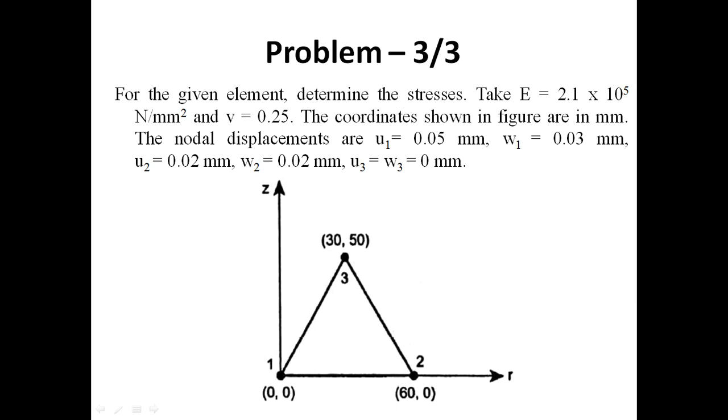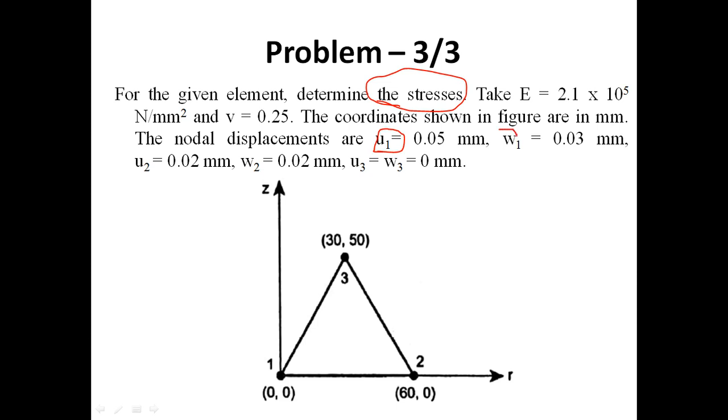Be careful how it will be identified as an axisymmetric element. See here, the displacements u1, w1, u, w were given, otherwise they will give r, z coordinates, and for displacement, u, w. From this data we will identify the given triangular element as an axisymmetric element. This is the shortcut to keep in your mind, my dears.